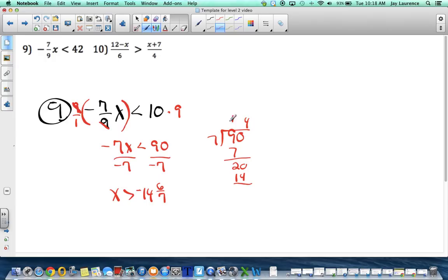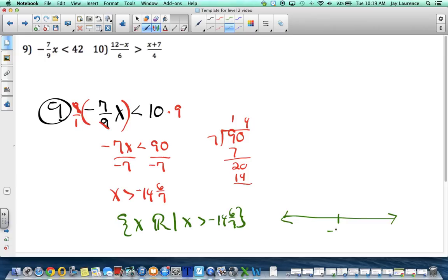Now when I go to do my solution set, it's going to look a little more complex. I'm going to do the brace, and then x is any real number such that x is greater than -14 and 6/7. On a number line, I've got to show this -14 and 6/7.